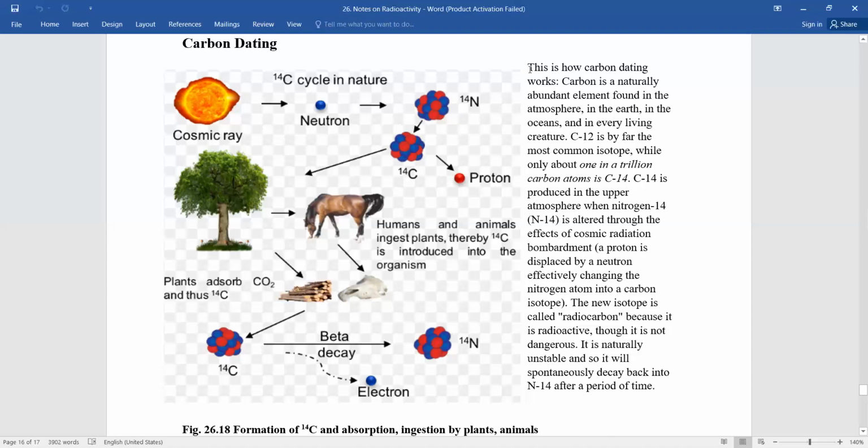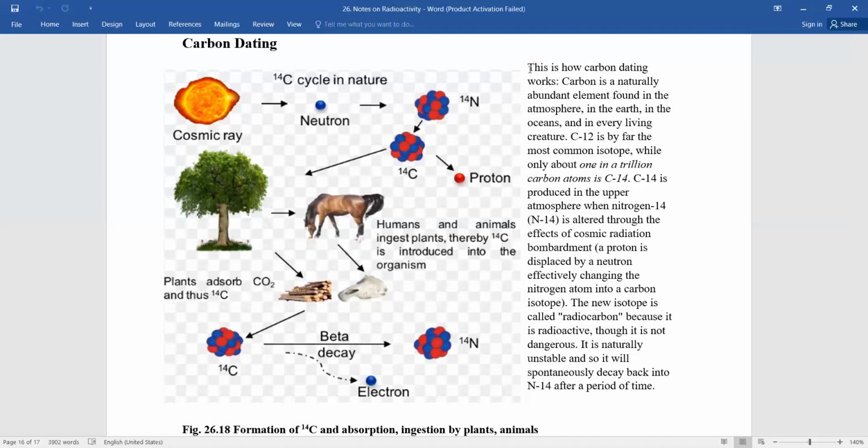Carbon is a naturally abundant element in the atmosphere, in the earth, in the oceans, and in every living creature. Carbon 12 is by far the most common isotope, while only about 1 in a trillion carbon atoms is carbon 14. Carbon 14 is produced in the upper atmosphere when nitrogen is altered through the effects of cosmic radiation bombardment.